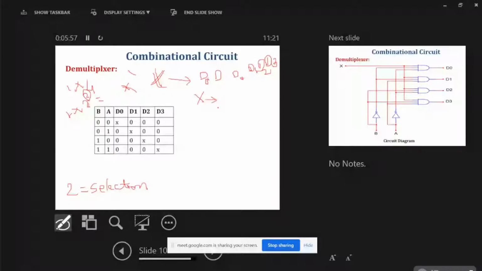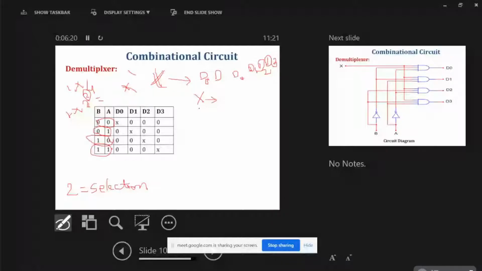We have 2 selection lines, so those 2 selection lines will have 4 combinations: 0 0, 0 1, 1 0 and 1 1. Now we have to find out the truth table.